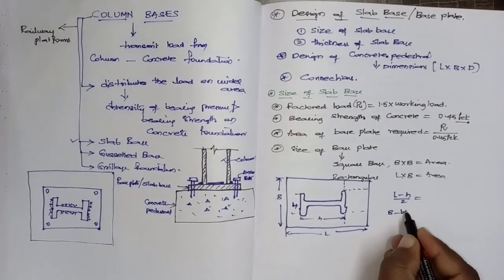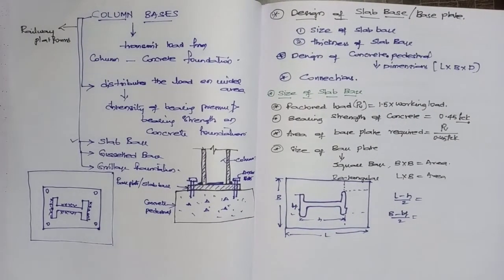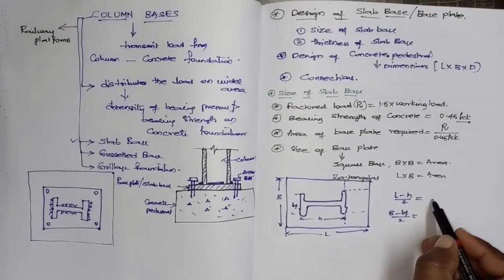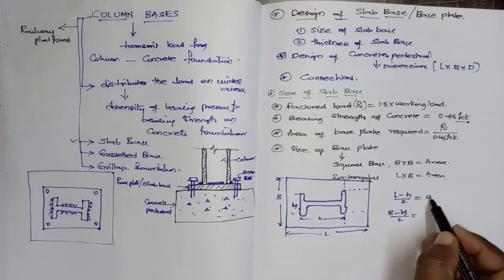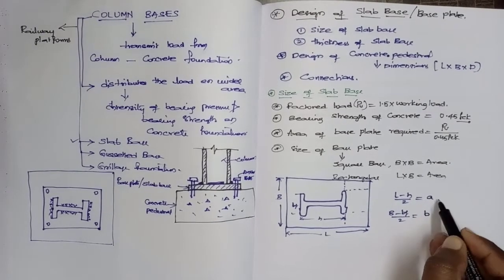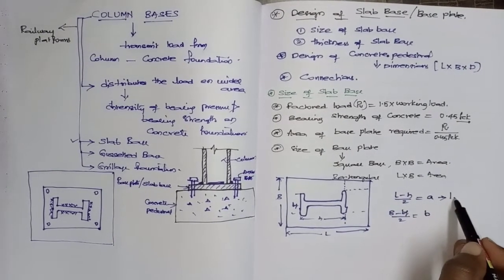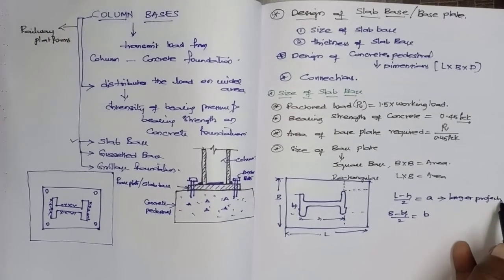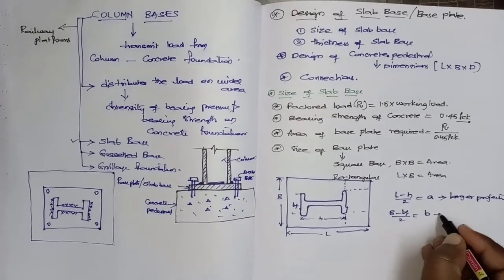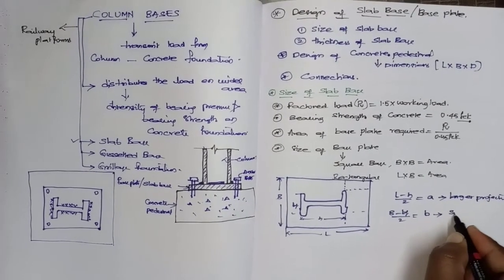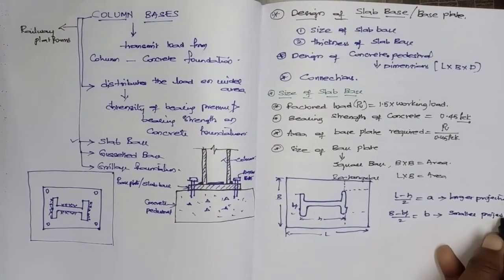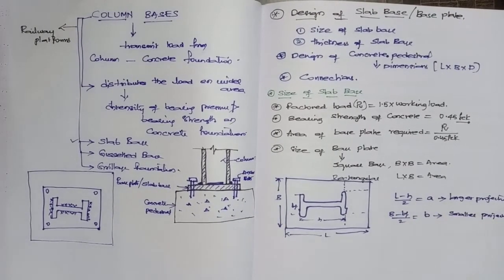Now you give these as A and B. A should always be the larger projection, and B should be given the smaller projection.